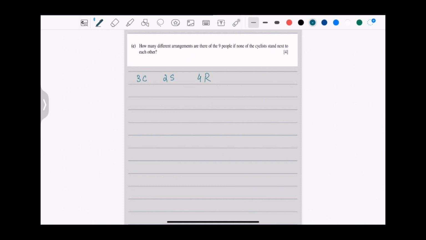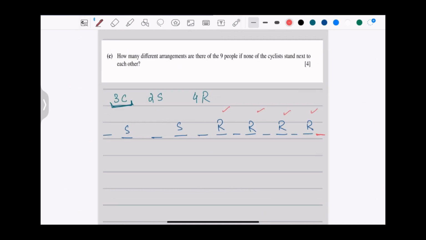So if we have to separate these, what we do is let's fix these people, swimmers and runners, and there are 2 cyclists. I've already fixed them.